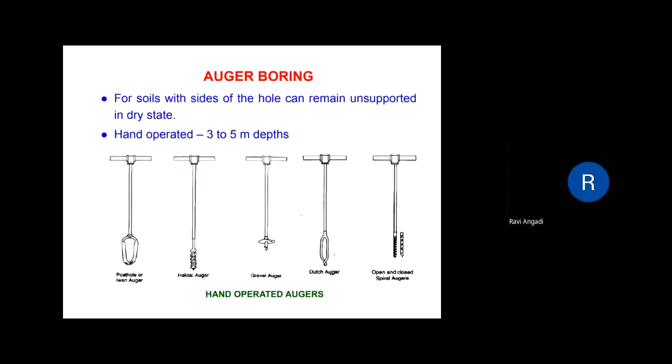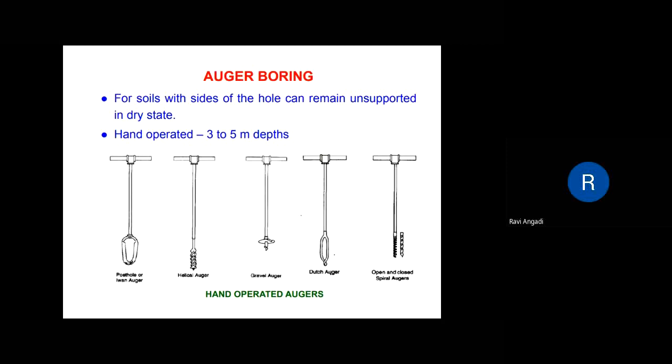And what are the different types of borings we will be using? The different types of borings used to get the information about the site are auger boring, wash boring, rotary drilling, and percussion drilling.